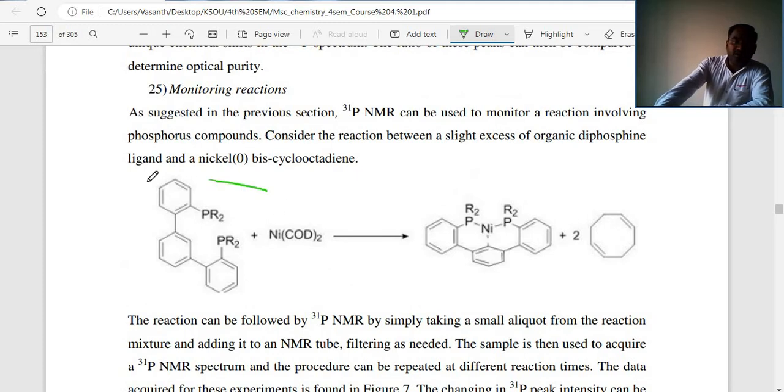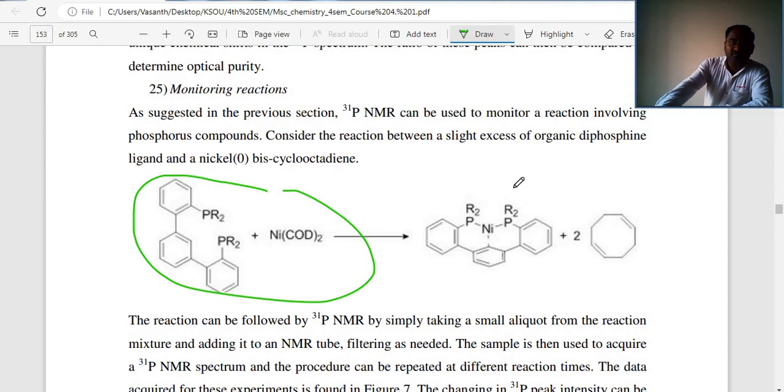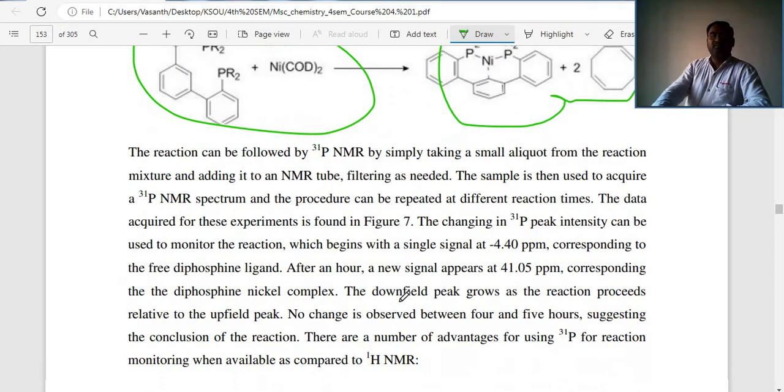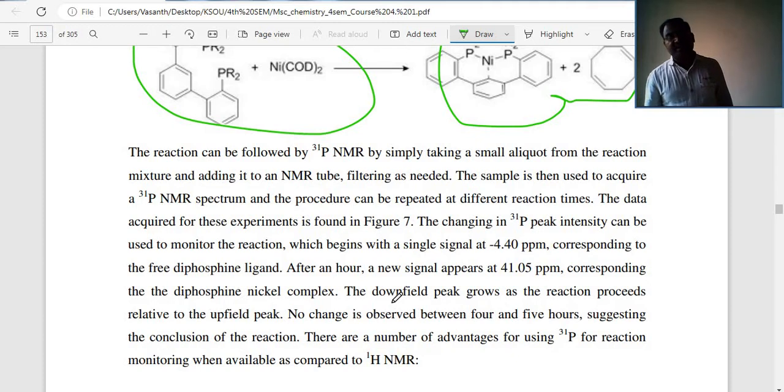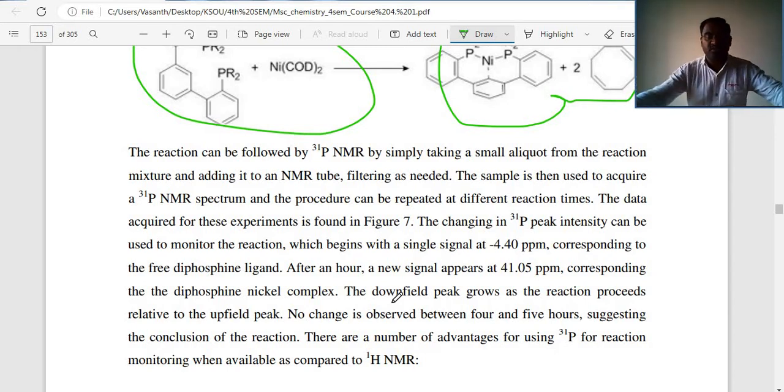These are also used for monitoring reactions. The reaction can be followed by phosphorus NMR by simply taking a liquid sample from the reaction mixture and adding it into an NMR tube, filtering as needed.